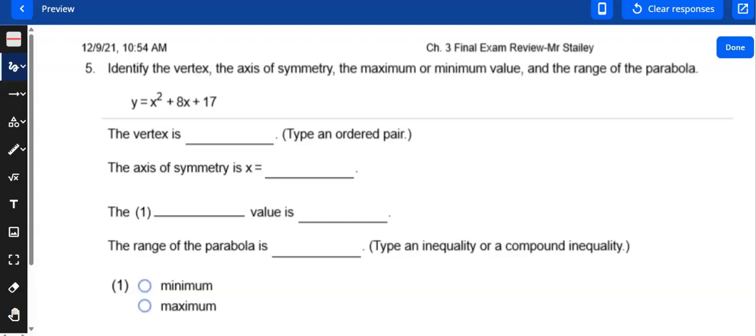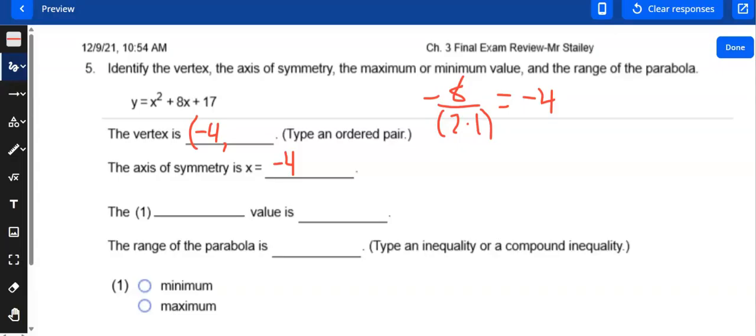Identify the vertex. Okay. So opposite of b over 2 times a. So the first part of the vertex is -4, which is also the axis of symmetry, the line that cuts it in half.